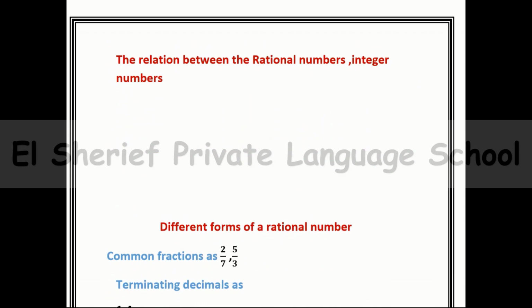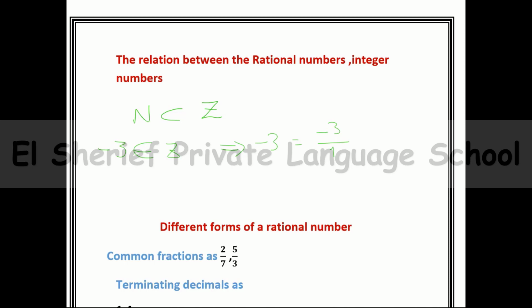Here I will study the relation between the rational numbers and the integer numbers. We said before that the natural numbers are a subset of the integer numbers. Now, if I study the integer numbers, I will find negative 3 is an integer number belonging to Z. I can write it in another form: negative 3 is equal to negative 3 over 1.